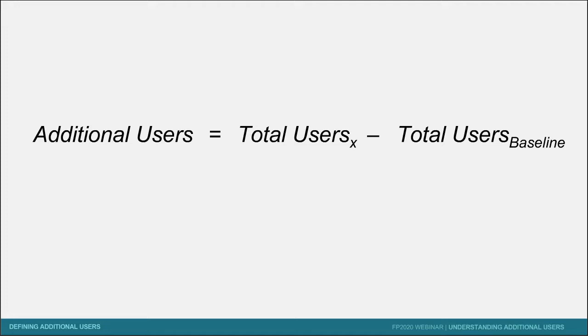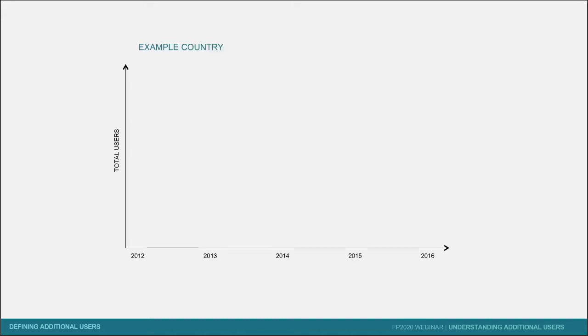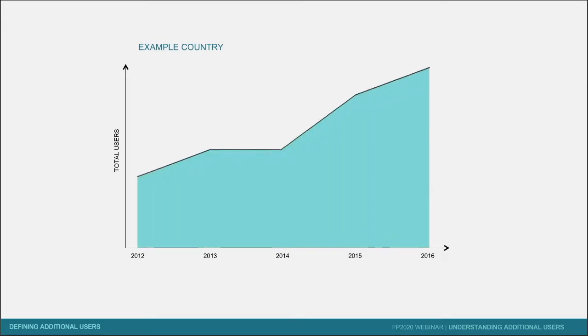This indicator is produced using a statistical model which is informed by survey data and, in some countries, by routine service statistics. The total number of modern contraceptive users is calculated for each year, as described previously. So in this example, we can see the total number of users increasing each year.